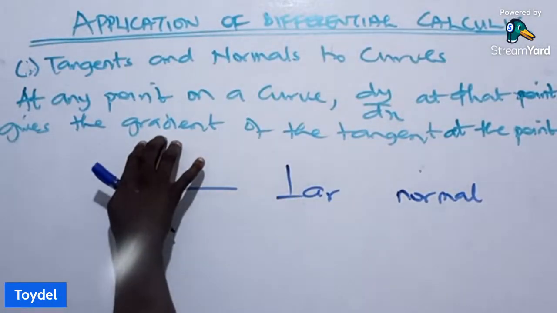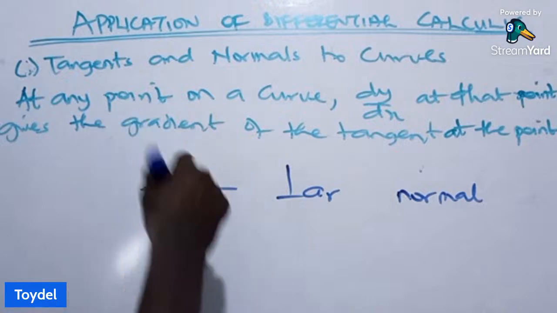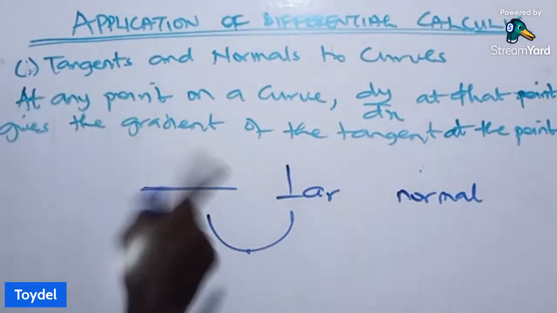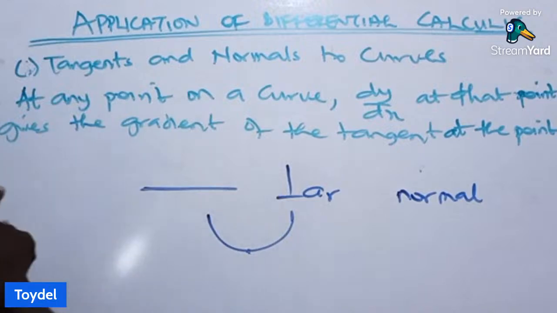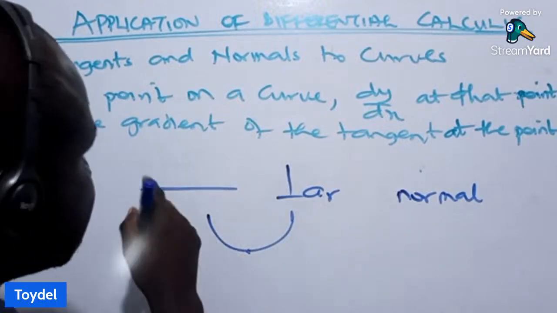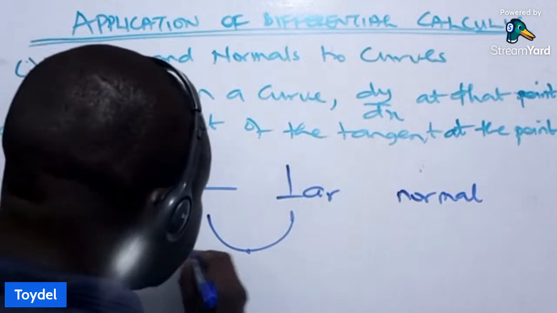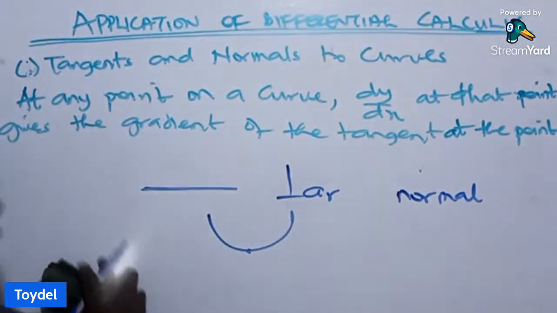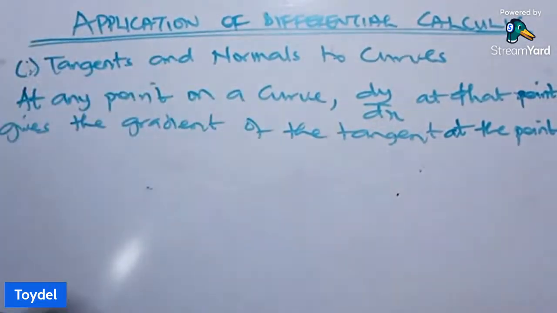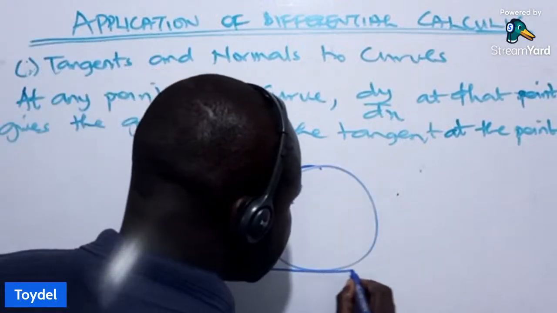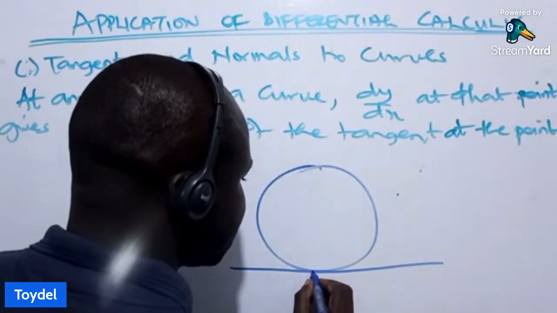When we talk about the tangent, it simply means at any point on the curve, the derivative dy/dx at that point gives the gradient of the tangent to the curve. If you have a curve, let me quickly explain. Let's say this is the curve, and a line touches the curve at a point.